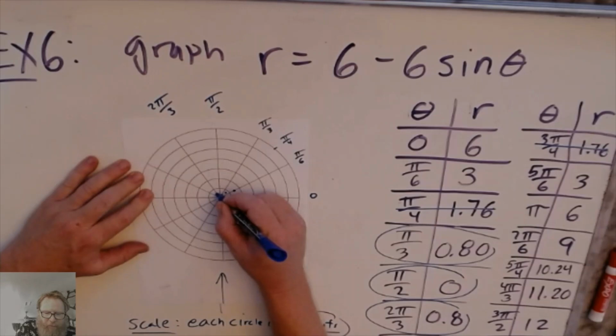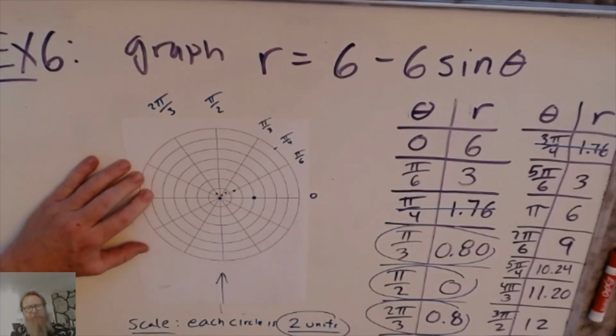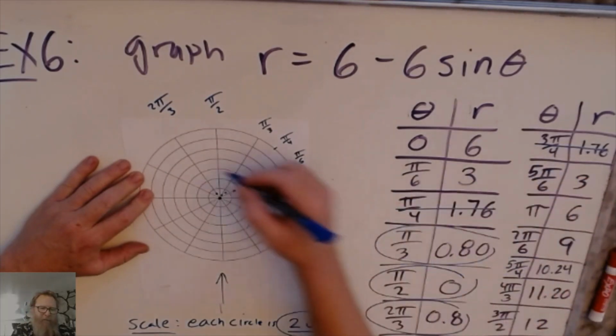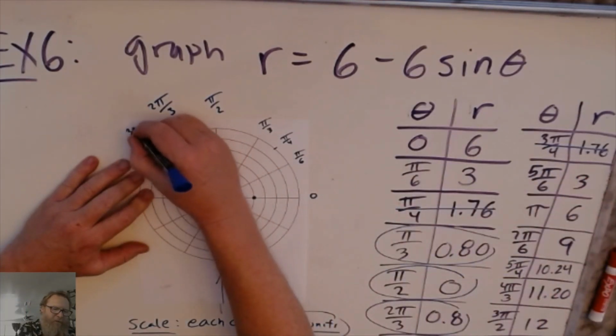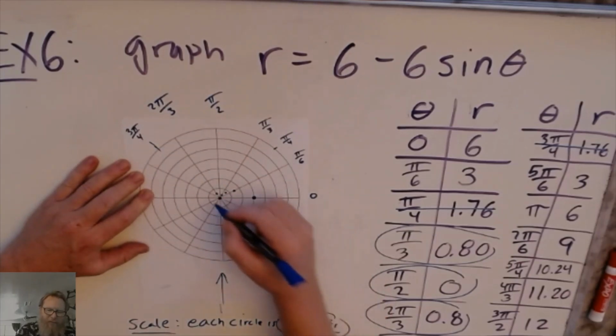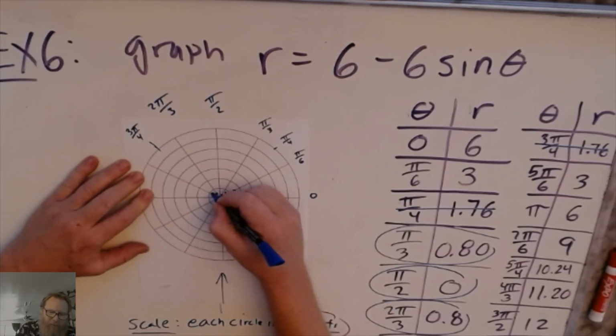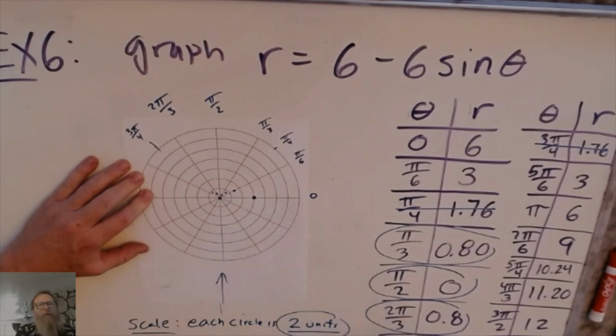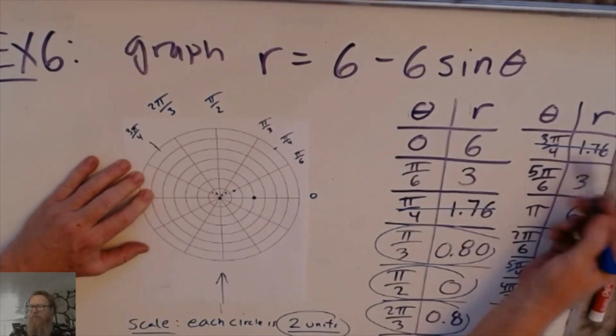So it's, again, right here. It's going to be very difficult to see. And then 3 pi over 4 is right about here. Halfway between these guys. And that's going to be right about there. Again, those decimals are very difficult to see.